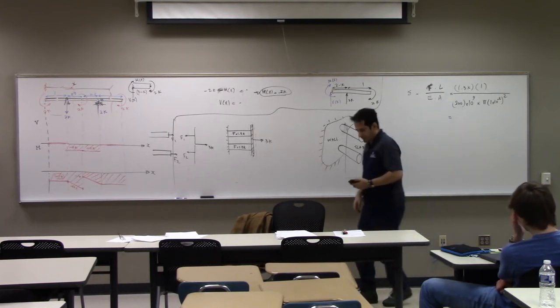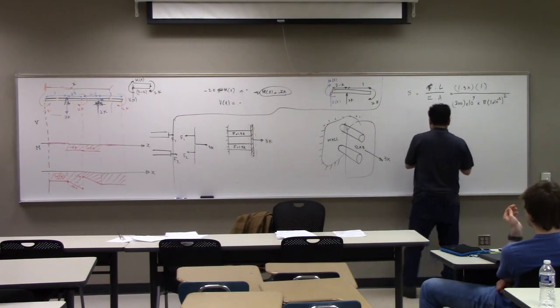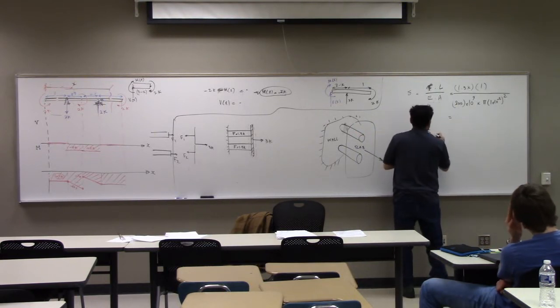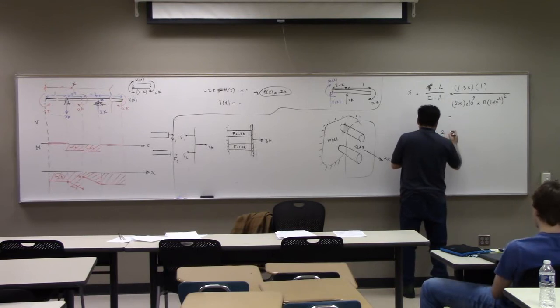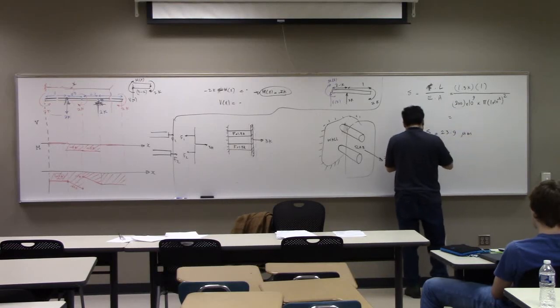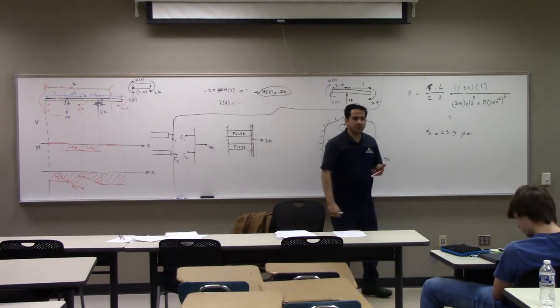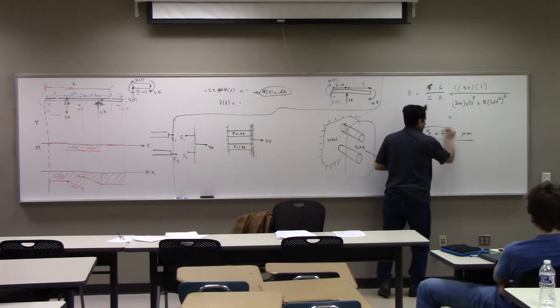So it's a very small value, as you expect. Delta is equal to 23.9 micrometers. That's your deflection.